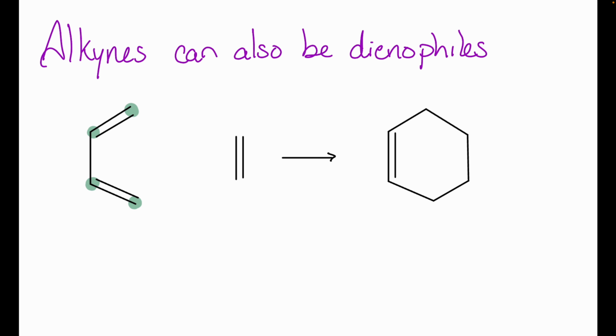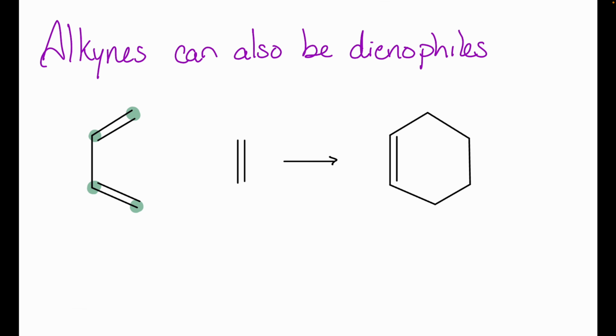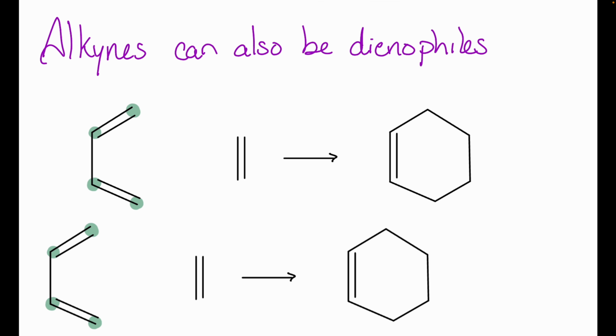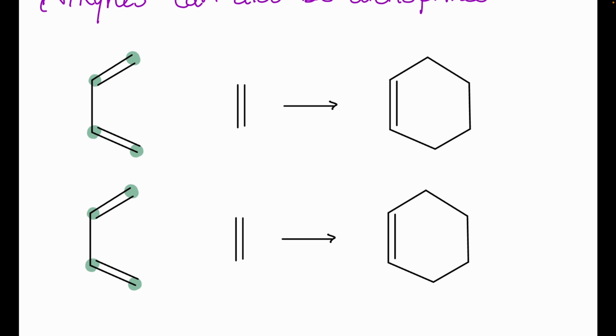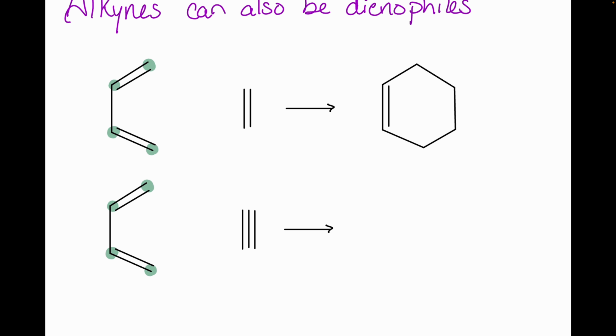All right, now I'm going to play the same game, but I'm going to use an alkyne as my dienophile. So I'm just going to add one more pi bond over here. And I want y'all to try to tell me what the product would be if we used a triple bonded carbon instead of a double bonded.